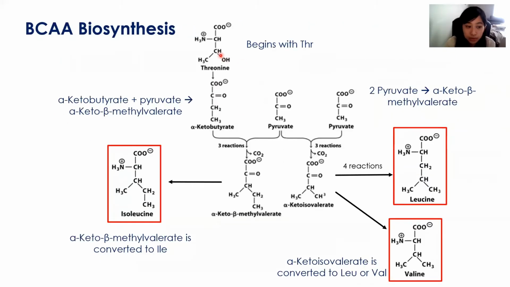This threonine can be converted into alpha-ketobutyrate, and this compound can be combined with pyruvate in order to produce isoleucine. Or two pyruvates can be combined to produce leucine or valine.